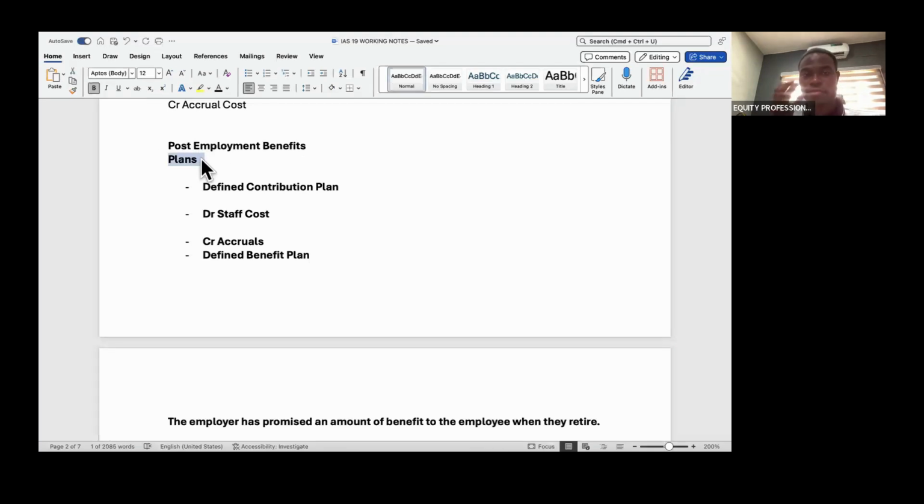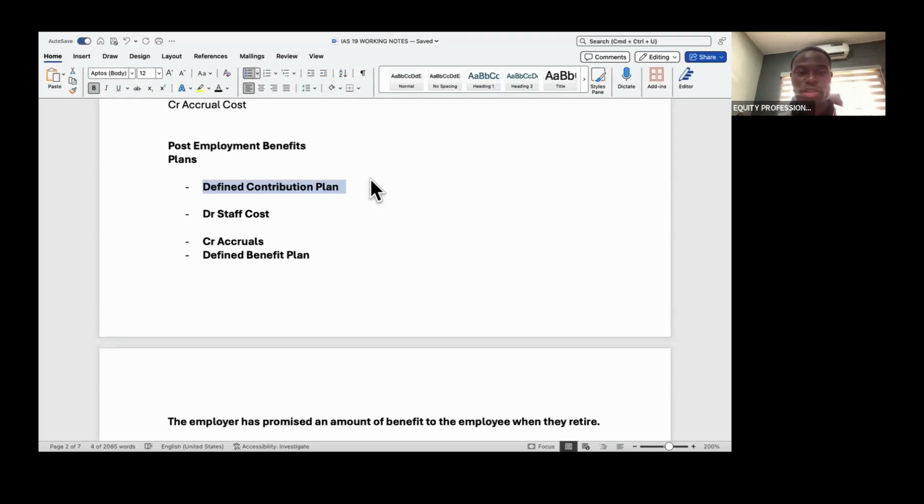The standard IAS 19 says that these plans can either be defined contribution plans or defined benefit plans. I explained to you that for a defined contribution plan, the employer makes regular contributions to a PFA periodically, and when the employee retires, they will just go and meet that PFA to get their money.